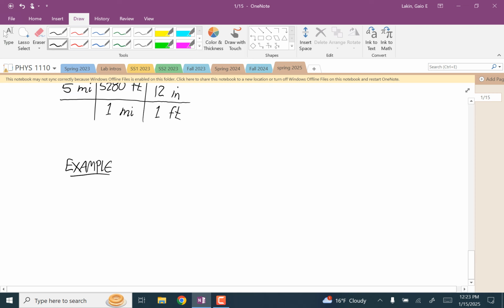So let's say we want to convert 61 miles per hour, which you can think of as 61 miles per hour like this. And let's say we want to convert this to SI units. So SI units would have a unit of length of meters and a unit of time of seconds.